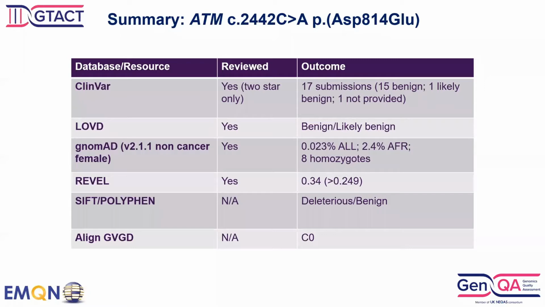The REVEL prediction score, a prediction that includes many other prediction tools and so accommodates the more classical prediction tools, comes to a score of 0.34, which is higher than 0.249, the level of a benign variant. SIFT and PolyPhen didn't agree, and Align GVGD came up with C0, so towards benign. Next slide, please.